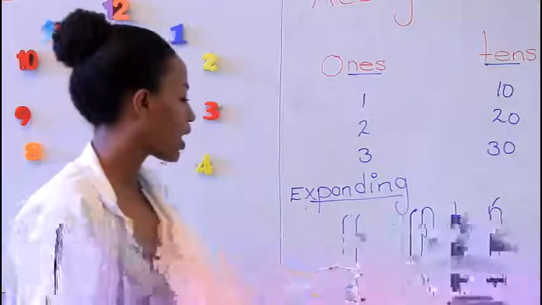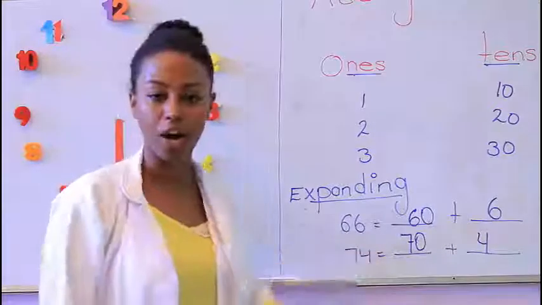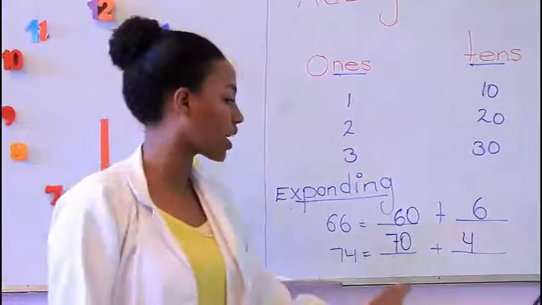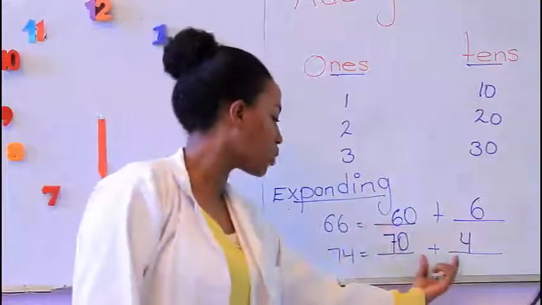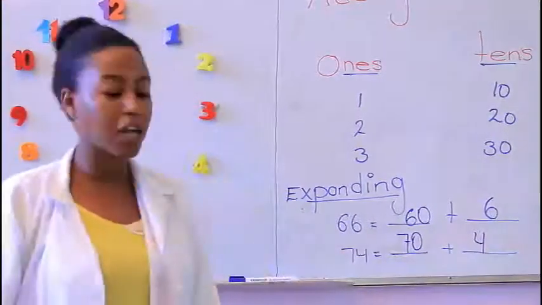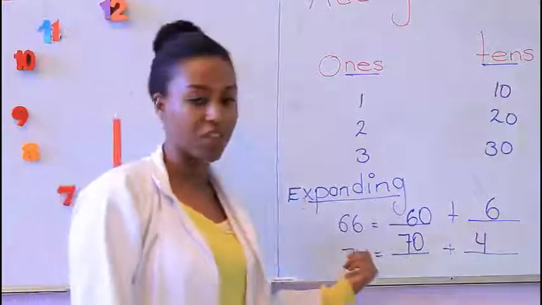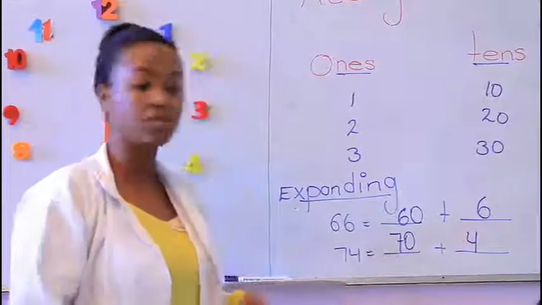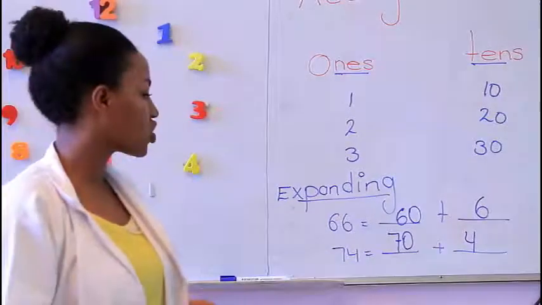And the second one is 74. So we have to take the sum of these two numbers, and it gets 74. They must give us 74 here. If it is not, that's not right. So let's take it now.